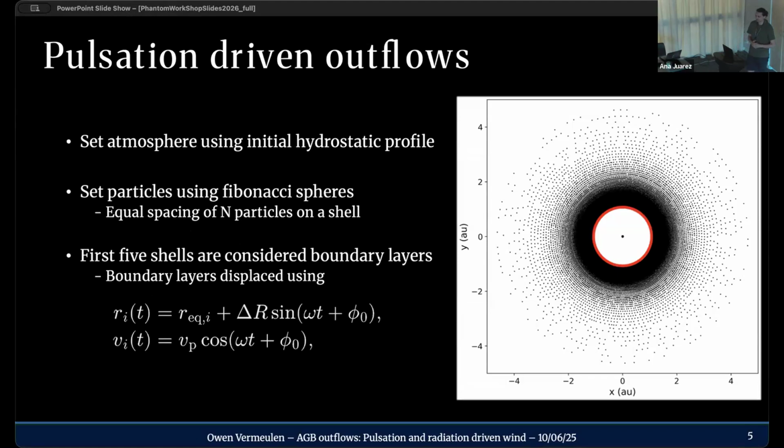I should go last, but amazing job, Owen, looks amazing. I was going to ask about the non-spherical thing, how you plan to do that, but also, would it change much if you put the boundary further down? If you imagine pulsating the star from further inwards, presumably you don't have to inject mass quite so much, or would it still work the same, or is it a special place where you're putting this pulsating?